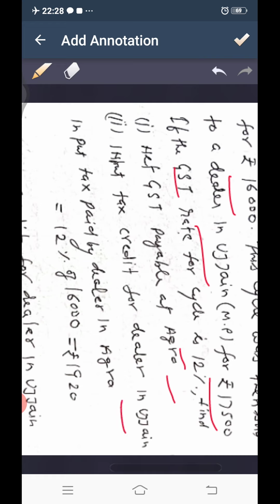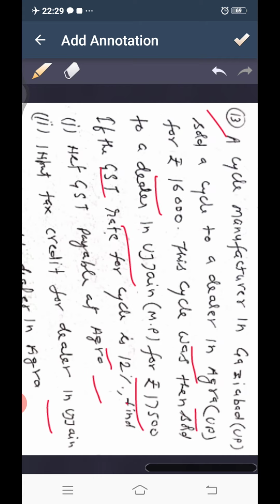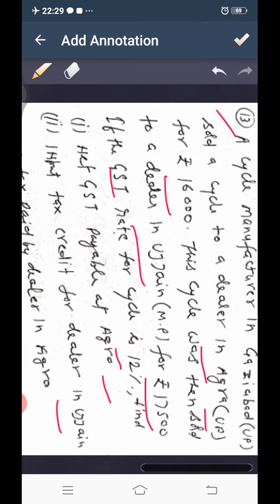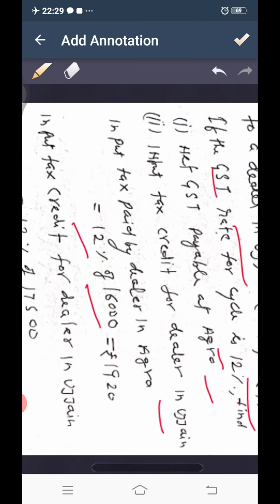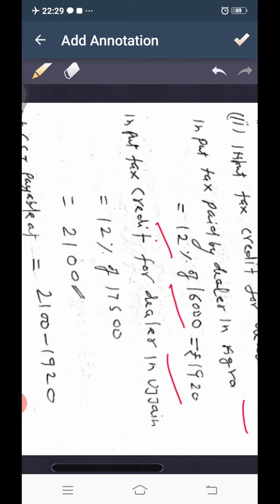So input tax paid by dealer in Agra, that will be 12% of 16,000. Dealer in Agra purchasing from manufacturer in Ghaziabad. So he will pay 12% of 16,000, that is 1,920 rupees. So input tax credit for dealer in Ujjain.